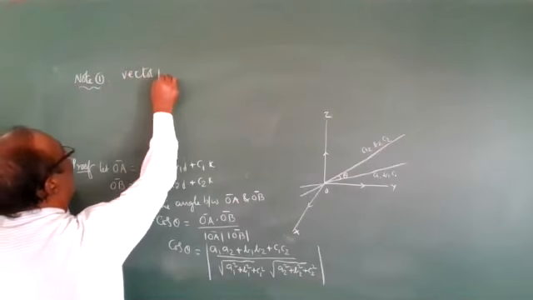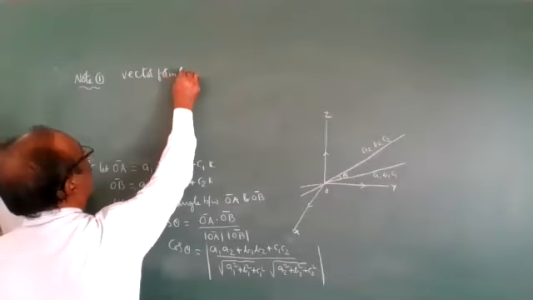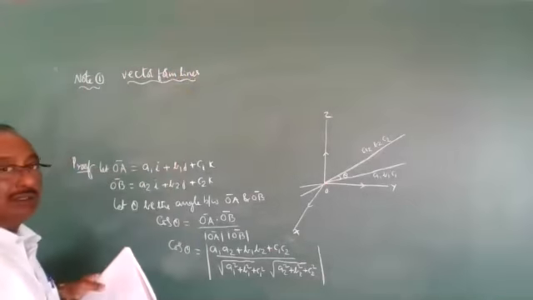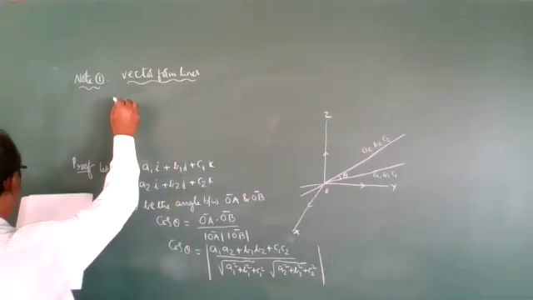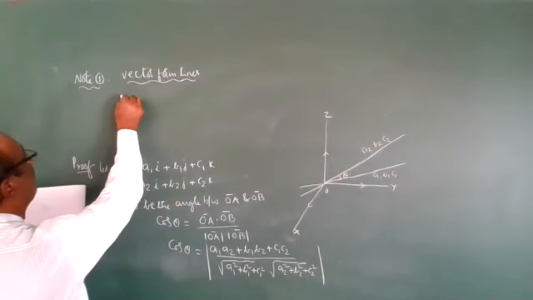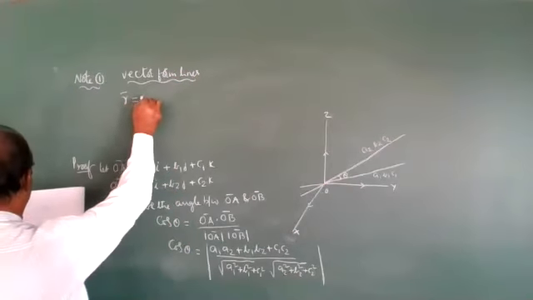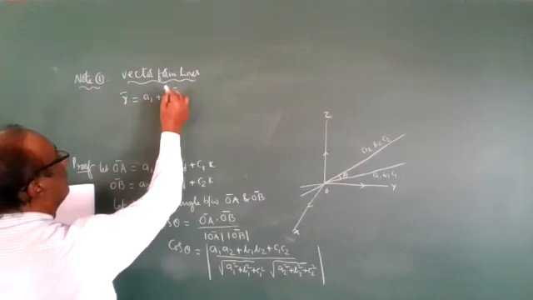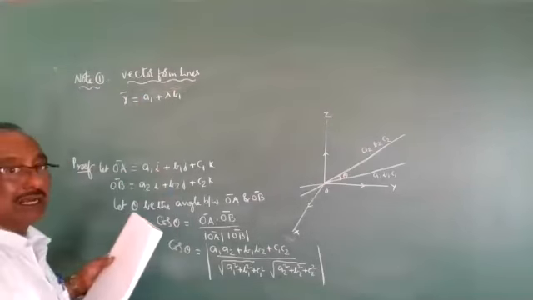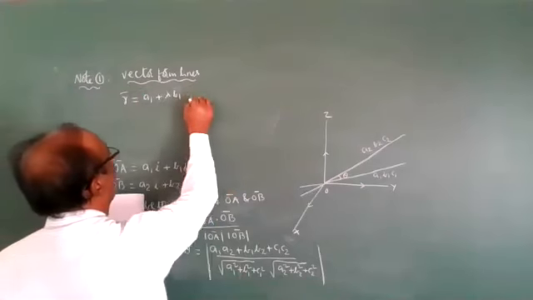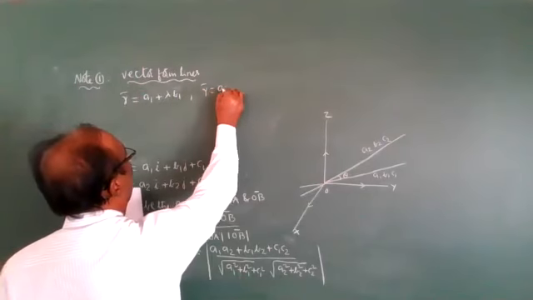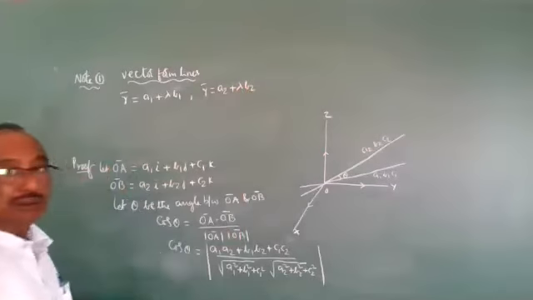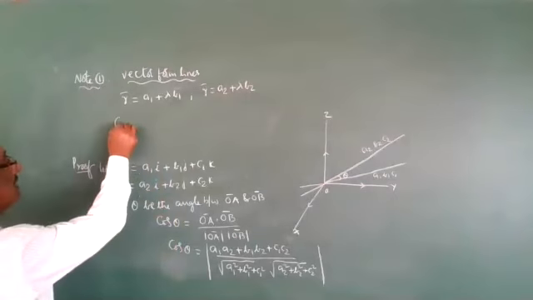The vector forms of the two lines are given. So r bar is equal to a1 plus lambda into b1 for the first line, and for the second line, r bar is equal to a2 plus lambda into b2. Then cos theta is required.